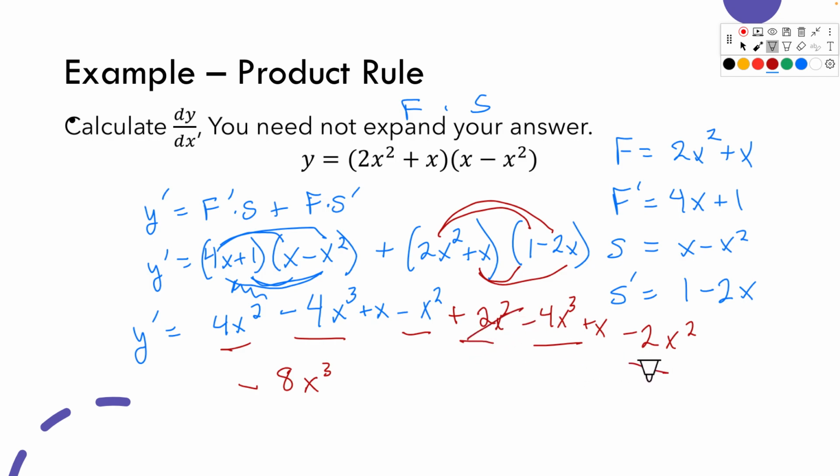So this one and this one will cancel, right? 4x squared minus x squared should be a plus 3x squared. And then I have a plus x and a plus x plus 2x.